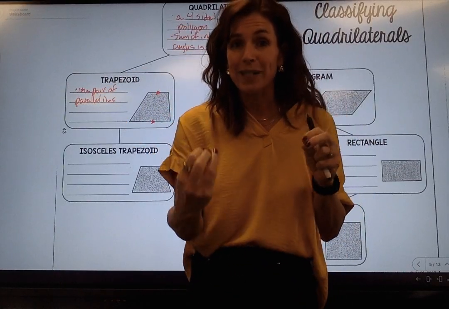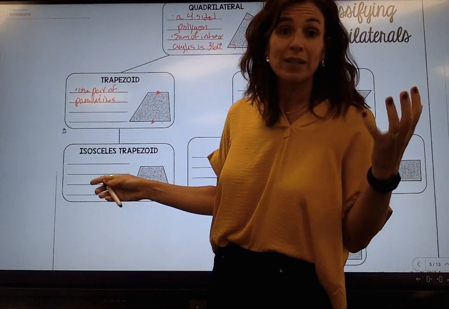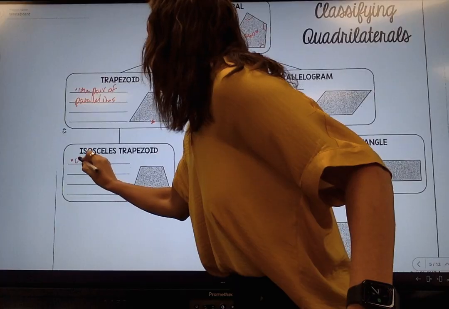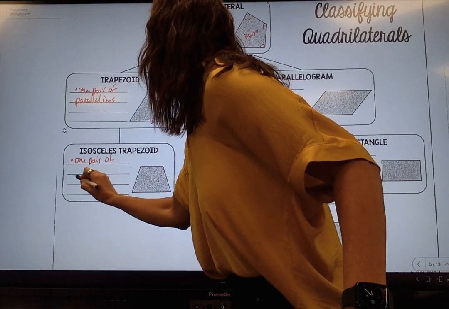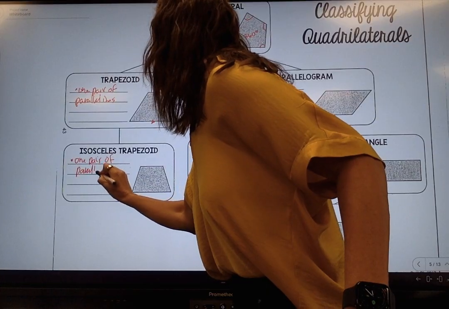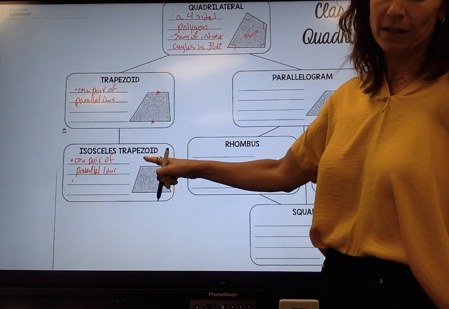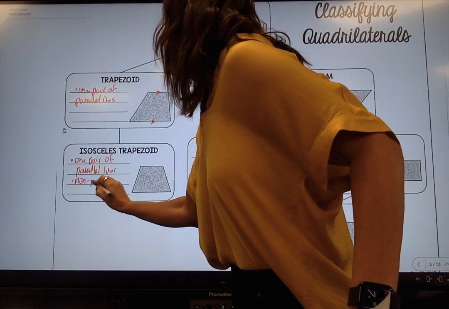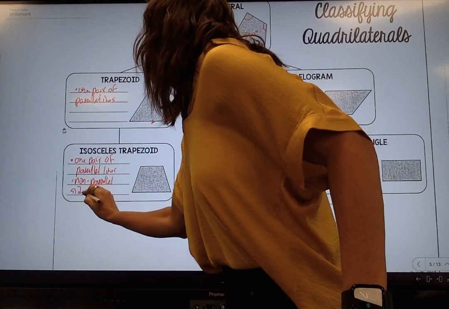Now, you can be more specific, and you can go down a little bit, and another type of trapezoid is going to be an isosceles trapezoid. So, an isosceles trapezoid has one pair of parallel lines, and another aspect of this is that the non-parallel sides are congruent.